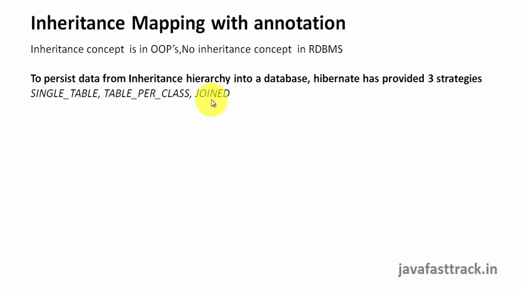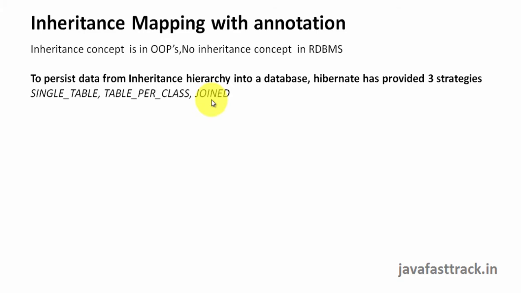Now, as I told, since RDBMS doesn't have any concept of inheritance, we cannot create tables with inheritance. So in Eclipse, you cannot do any reverse engineering here. Since reverse engineering is not possible, I am not going to write mapping files. Writing such XML files is a very tedious process, and it's almost impossible for me to write XML right now.